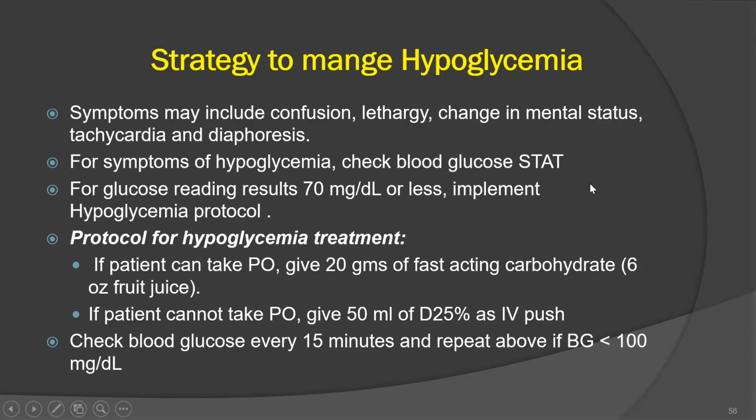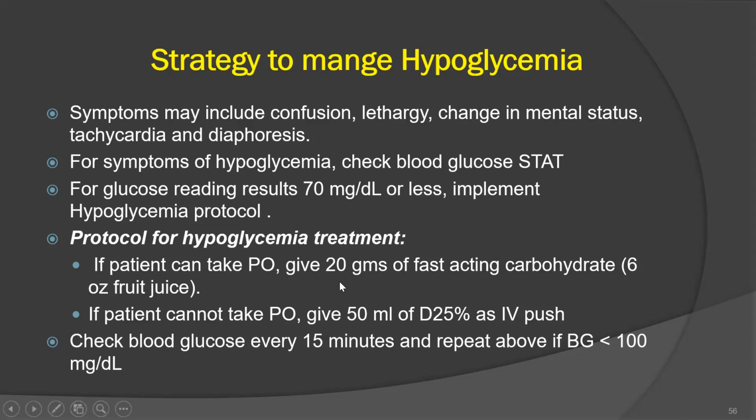For symptoms of hypoglycemia, check blood glucose stat. Immediately ask the nursing staff, whoever is there, to check the blood glucose. For a blood glucose reading of 70 milligram per deciliter or less, implement the hypoglycemia protocol. Now, this is something standard which needs to be taught and learned by all hospital employees.